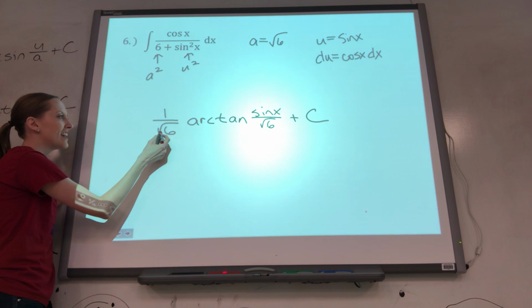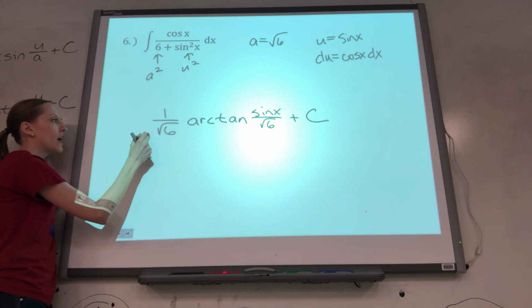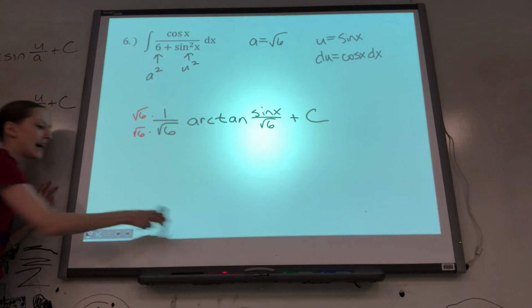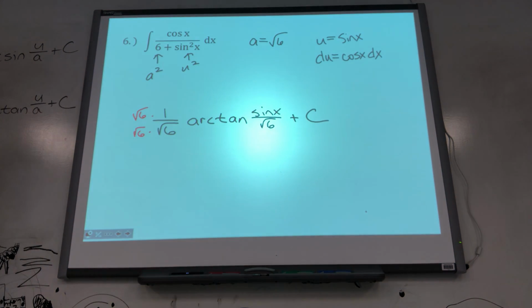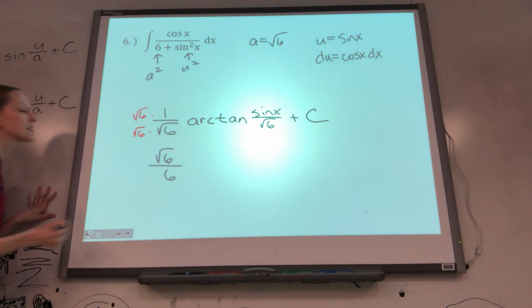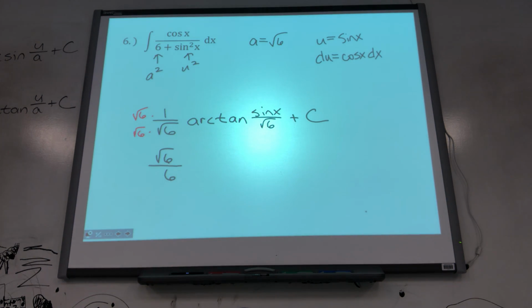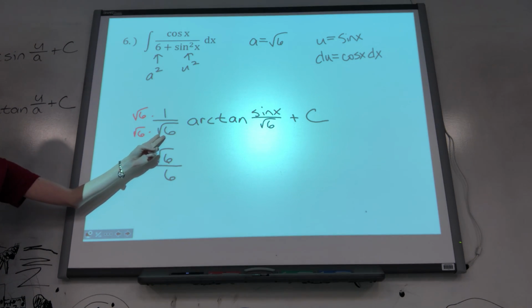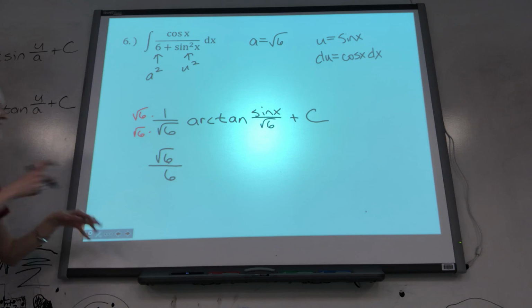Last year in trig, we rationalized denominators a lot. So if you forgot how to do that, whatever your square root is on bottom, multiply by that square root on top and bottom. So this really should be written as square root of 6 over 6. Square root of something times the square root of the same something is just the something.